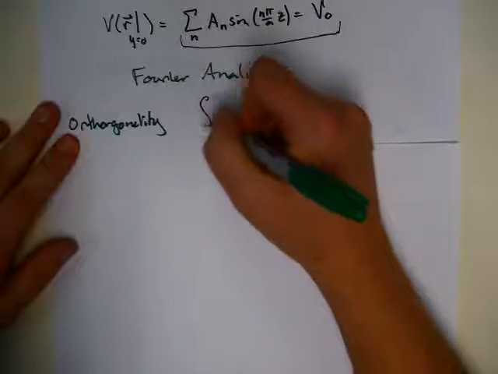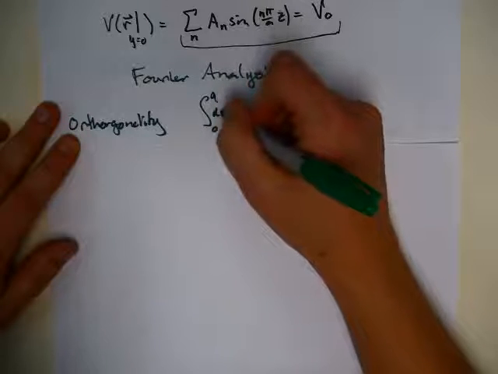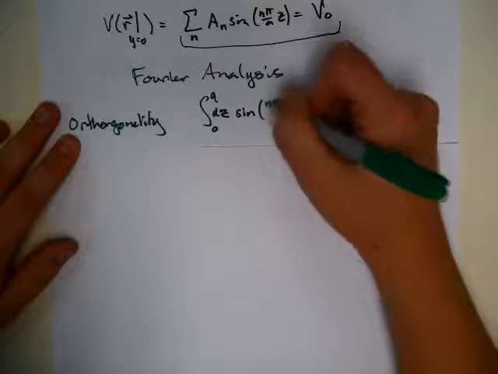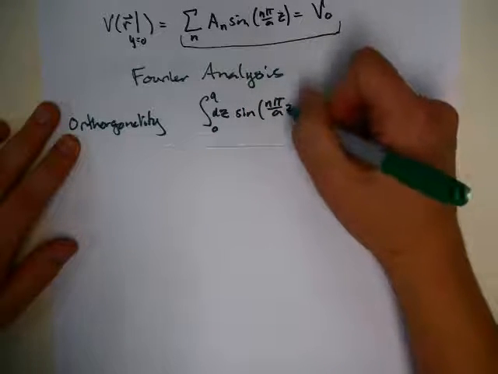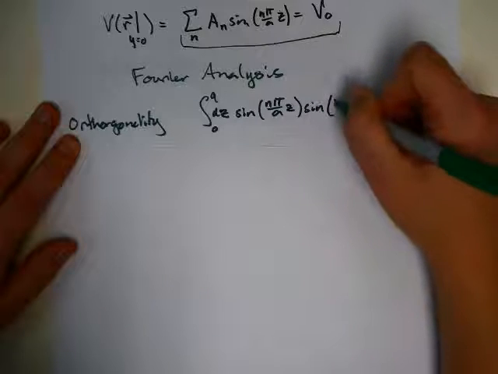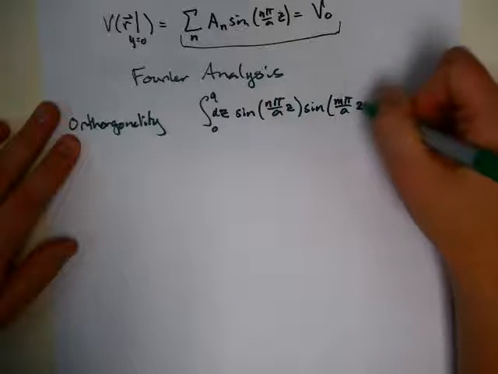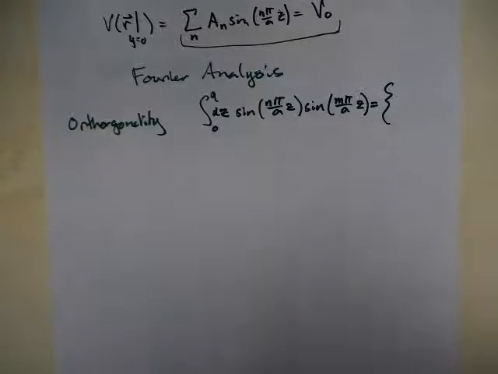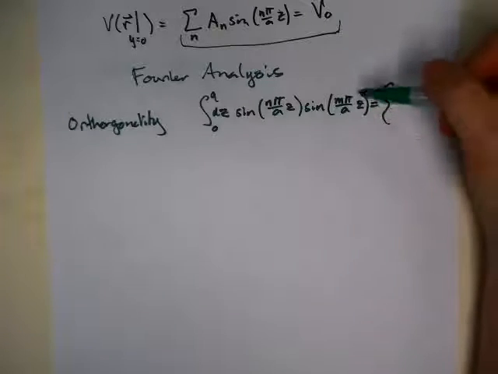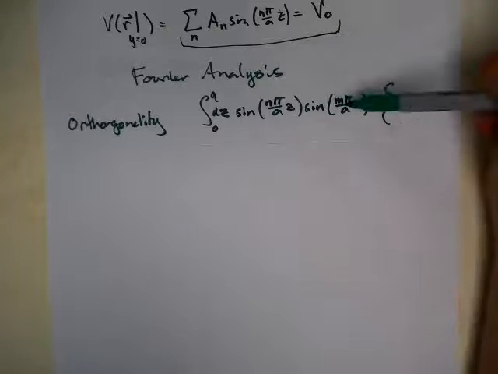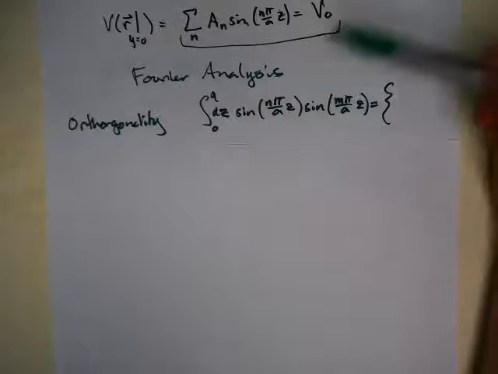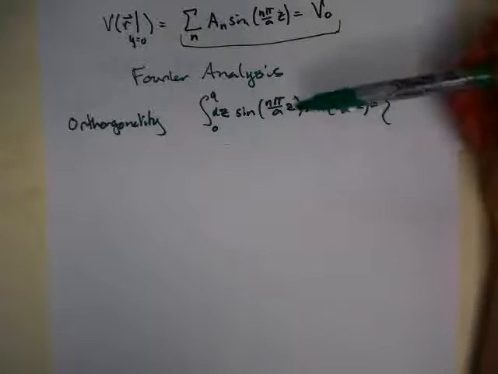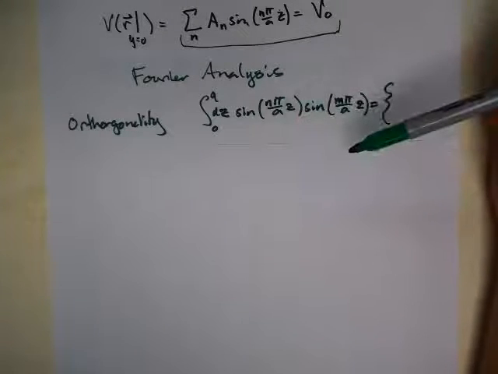If I have the integral from 0 to a of dz, z in our case, sine of n pi over a z sine of m pi over a z, this can equal two different things. If n is not equal to m, then I have a product of sines. And it turns out that when I have a product of sines with two different frequencies like that, I can write this as a sum of sines and cosines that's going to be a multiple of each frequency.